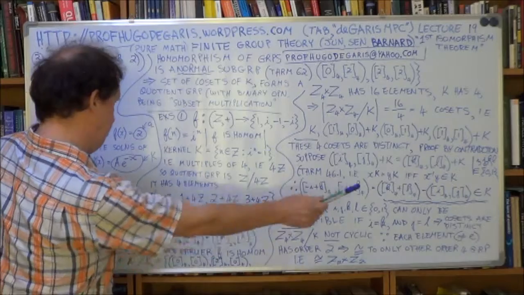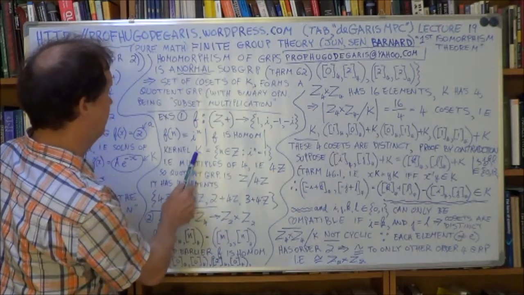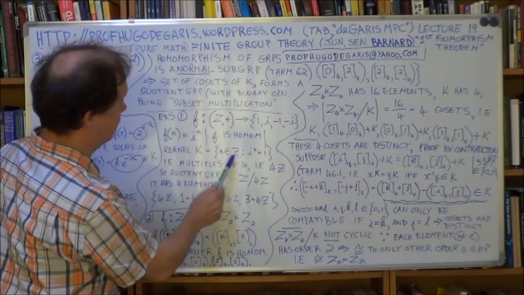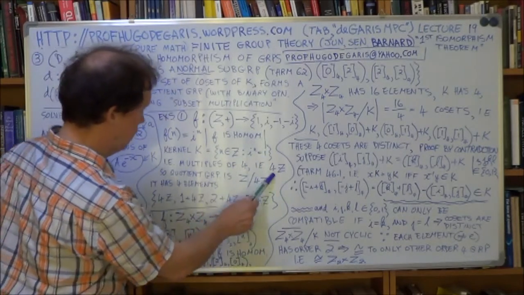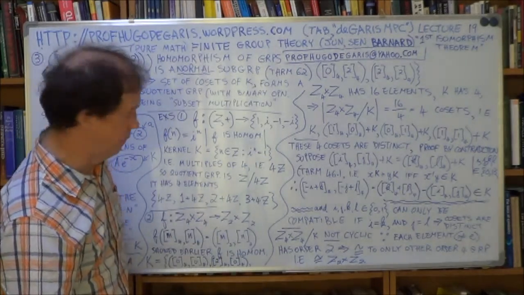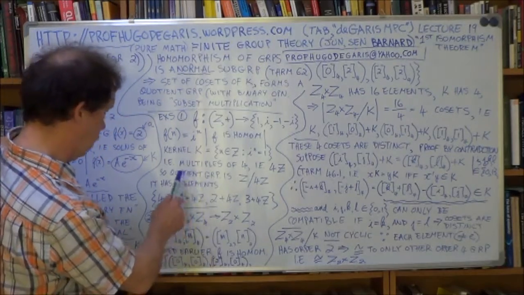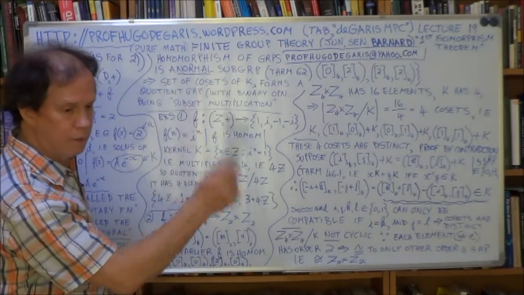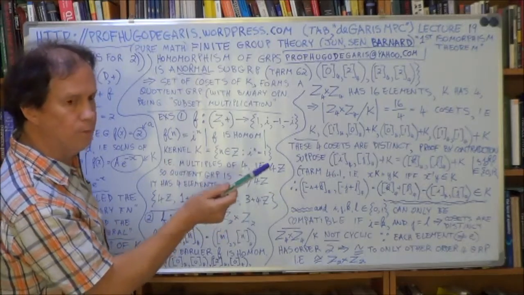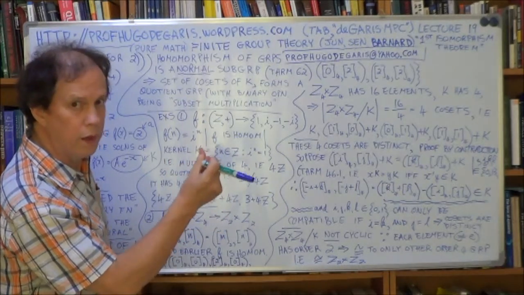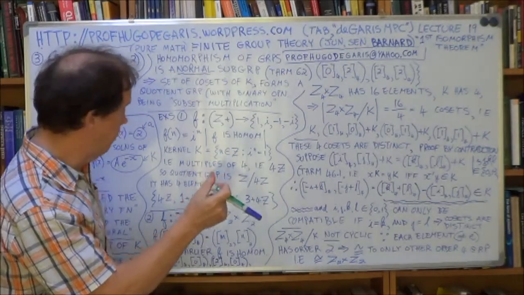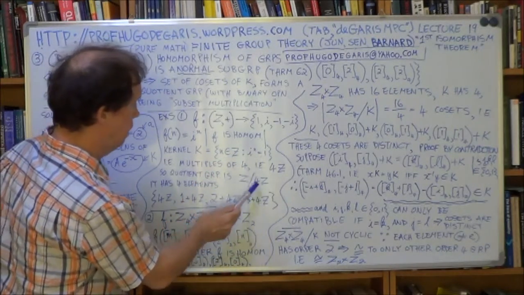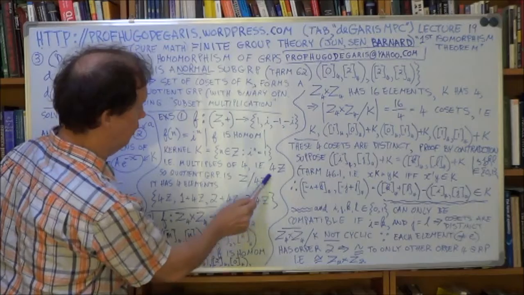So that's your kernel, right? It's the set of integers where this property is satisfied. So your kernel is just 4Z, right? So the quotient group, now we've got the kernel, we know the kernel is a normal subgroup, right? So we can create a quotient group, and here it is.